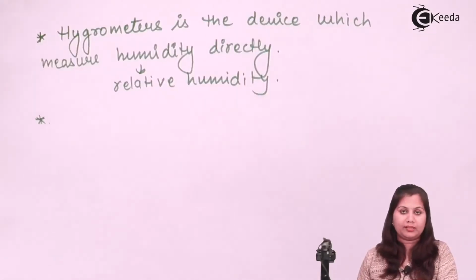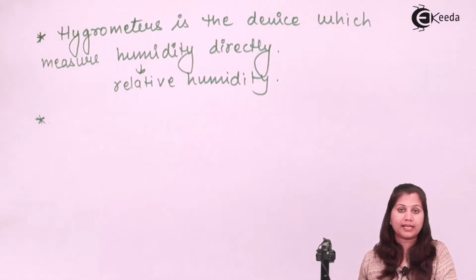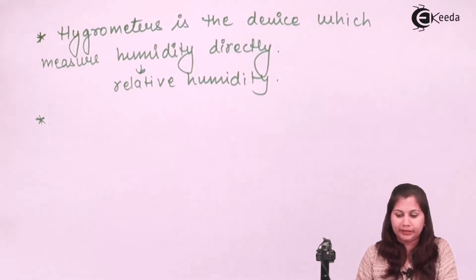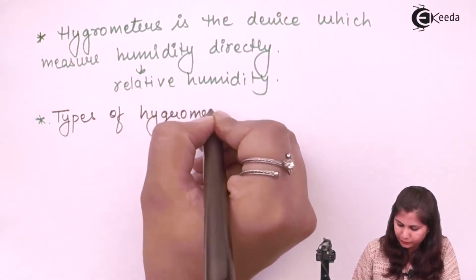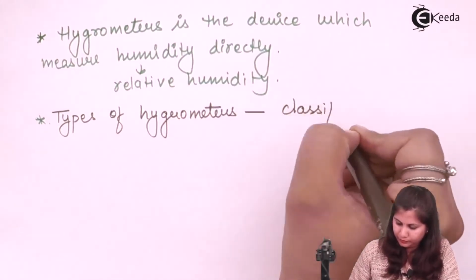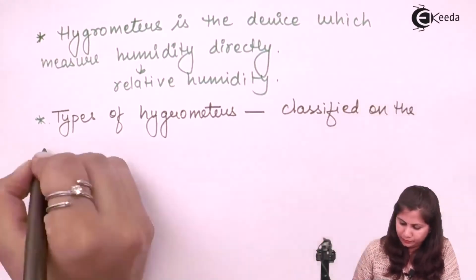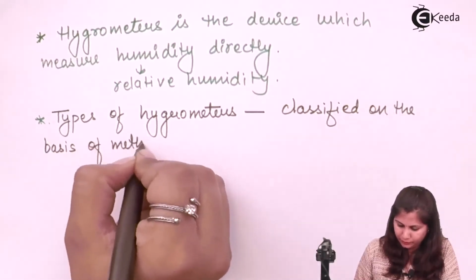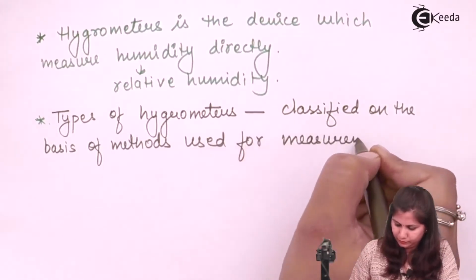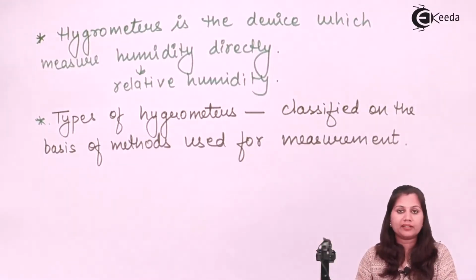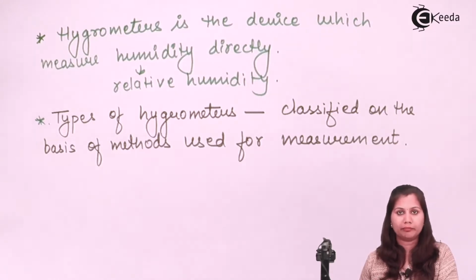Now these hygrometers are classified into various types depending upon the method which is used for the measurement of humidity. So there are various types of hygrometers, classified on the basis of the method used for the measurement.